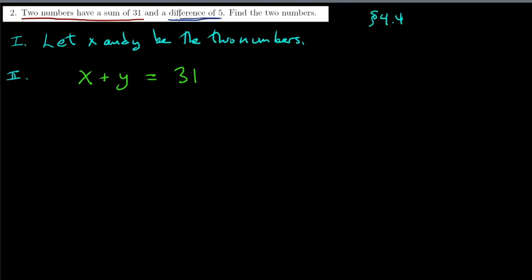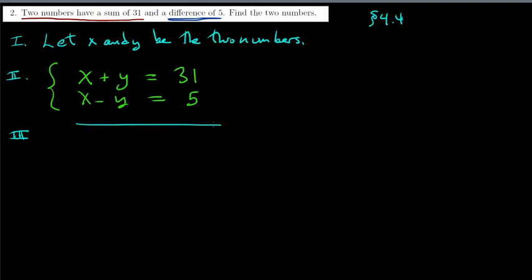They have a difference of 5. So that means when you subtract the two numbers, you just get 5. There's a number 5, right? So there's your system of equations, right? Now you just have to solve that system of equations. You can use any method you want. We might as well use the addition method, right?